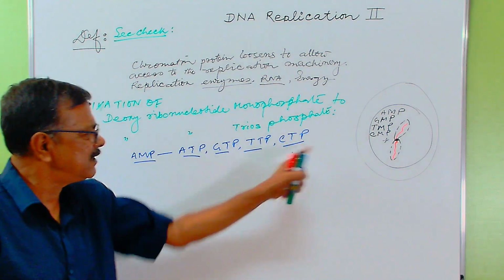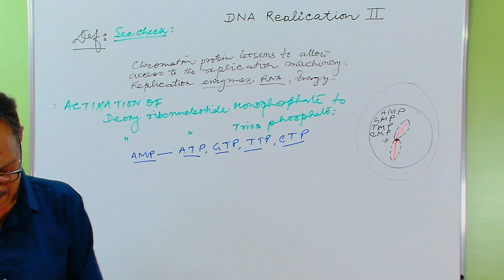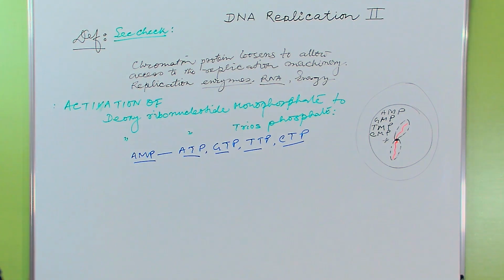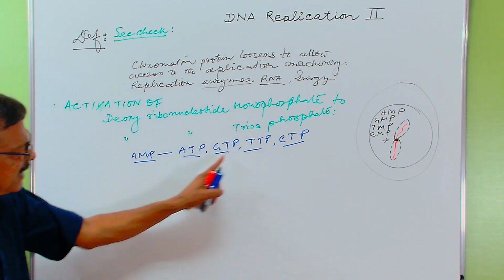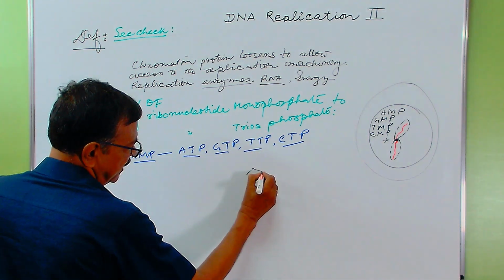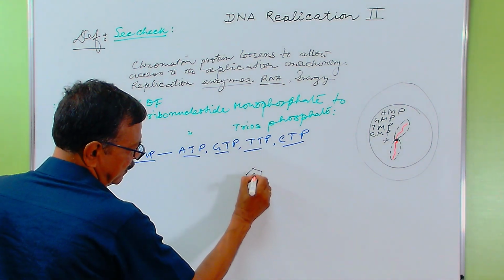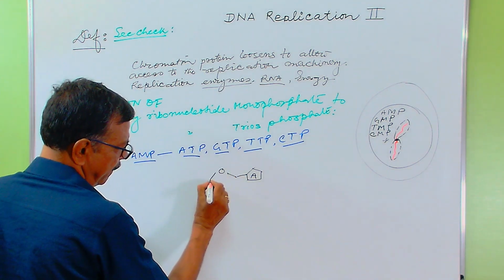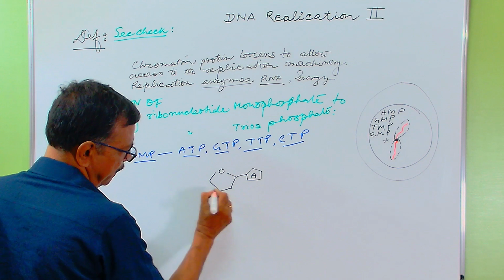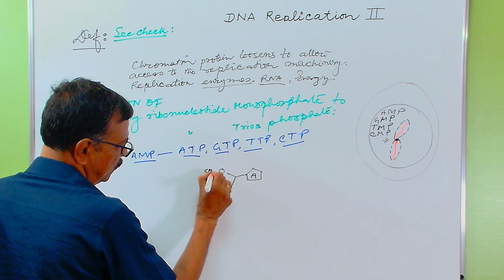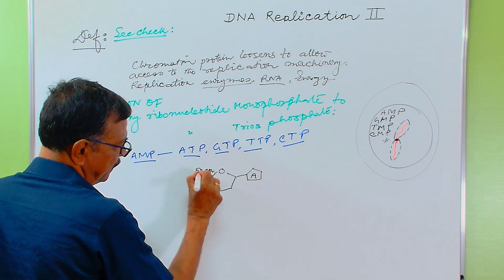In this way, AMP, GMP and the others are done. You can write one line more: adenosine monophosphate. This is adenosine, which I told you remains joined with sugar, here CH2OH.